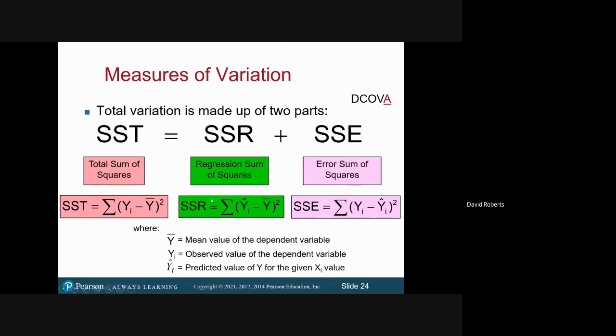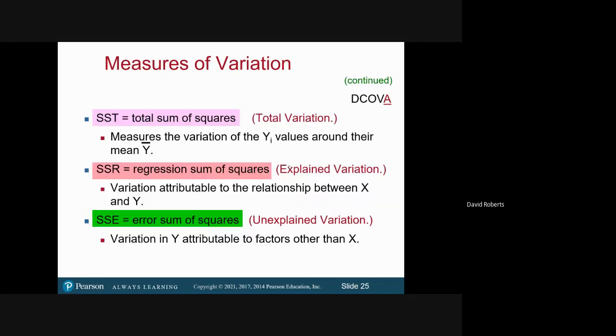Okay. So just like before, for the total sum of squares, you have the regression sum of squares and the errors. So the explained and the unexplained variation. SSR is the explained variation, and SSE is the unexplained. So we don't know what's causing the change in housing prices.